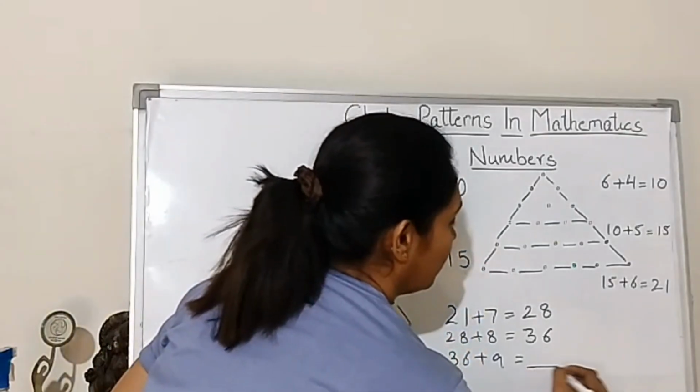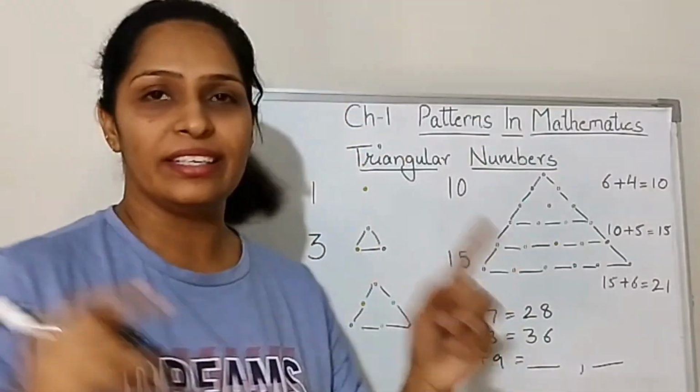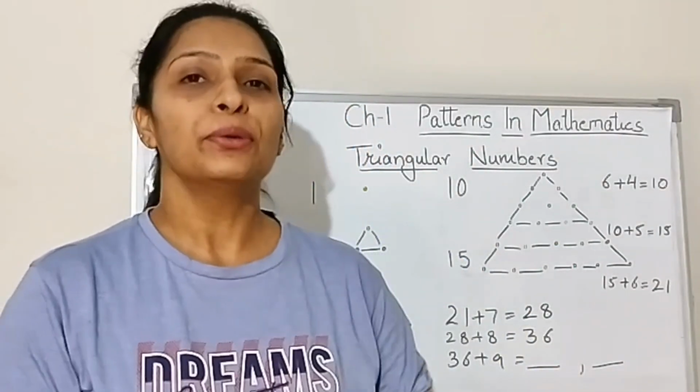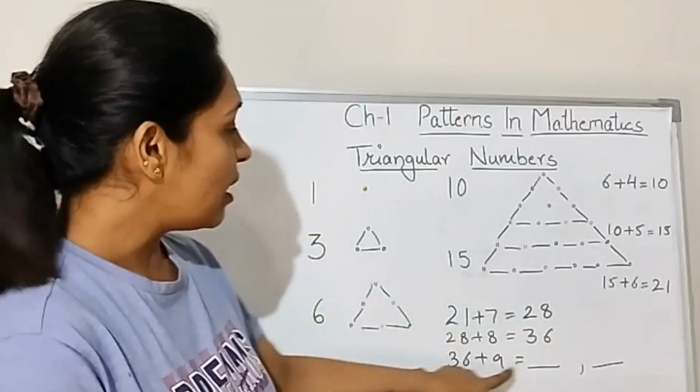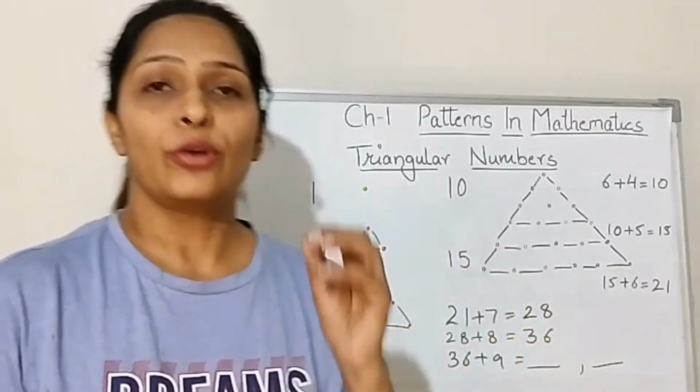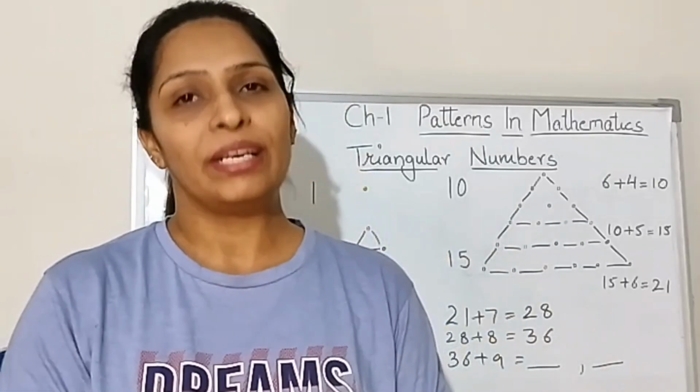You have to get me the next two triangular numbers if you have got the pattern, and I'm sure you have got it. Do write in the comment box what the next two triangular numbers are, and do try forming the dot pattern yourself for better learning.